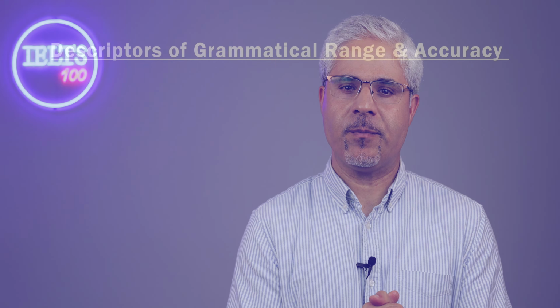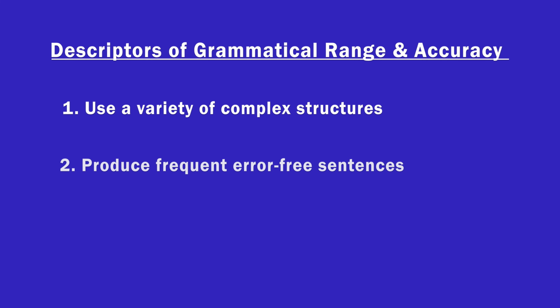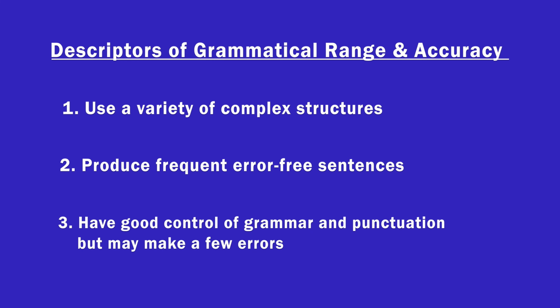Candidates who are aiming for 7 and higher must be able to use a variety of complex structures, produce frequent error-free sentences, have good control of grammar and punctuation, but may make a few errors.